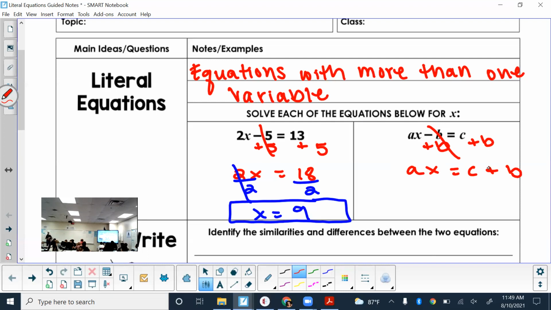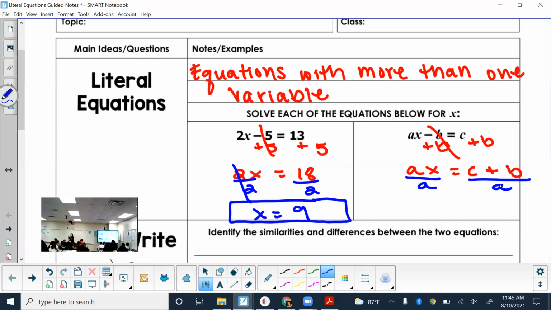Now, look at what's being done to the x. It's still not by itself. What is being done to the x right now? By an a, right? So opposite would be dividing by a. And what you do on one side, you do to the other. Now it's the entire side being divided by a.